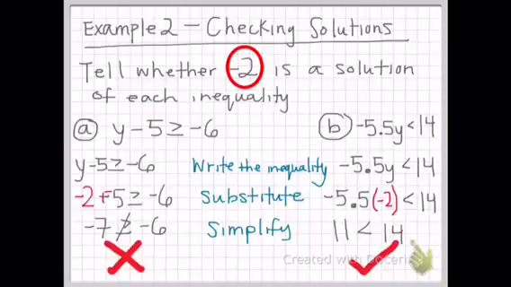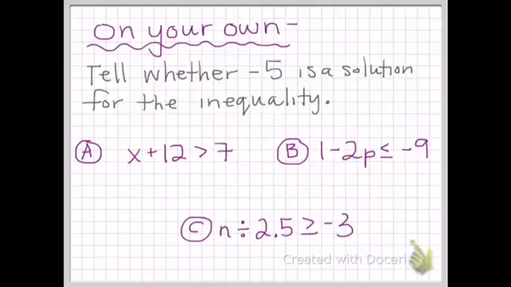Awesome job. So let's go ahead and try some on your own. Pause it if you need to write down these steps. Alrighty, get this all written down, please. On your own. Tell whether negative 5, this is the solution that they're curious about, is a solution for the inequality.